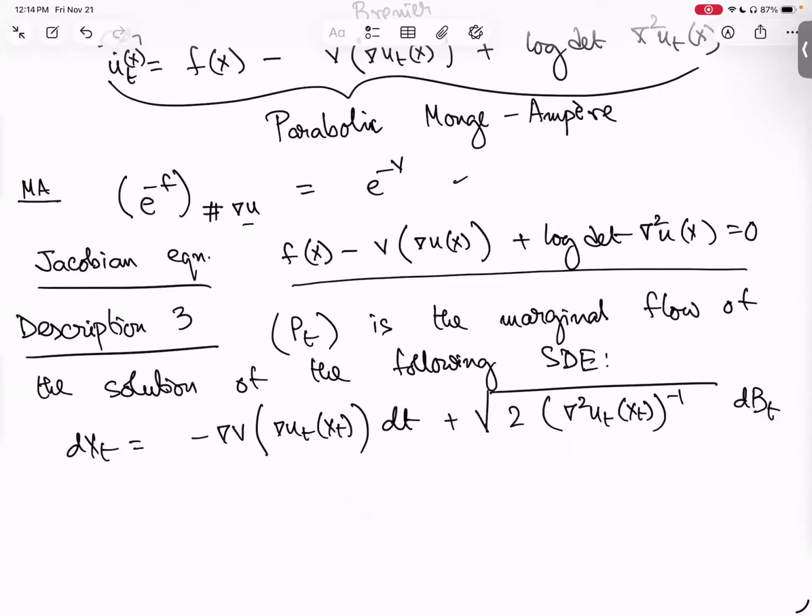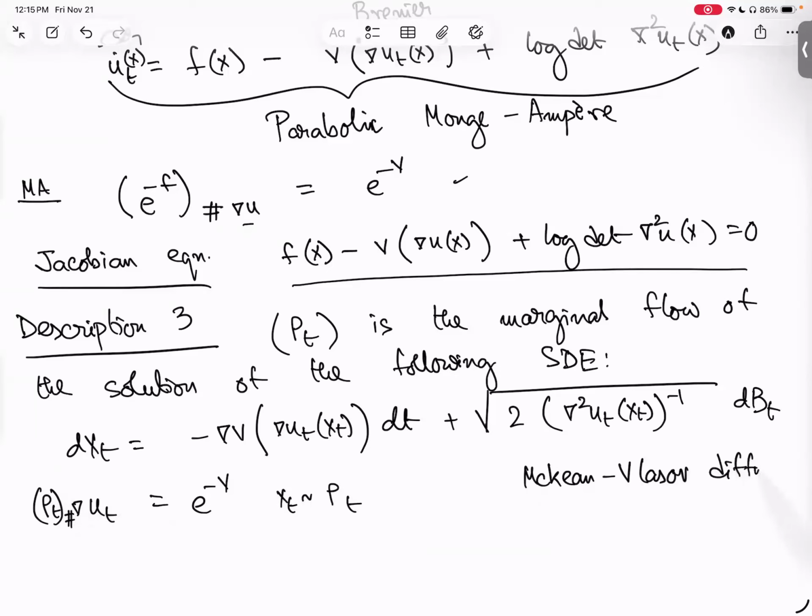Okay. Now you should remember, what is u_t? When I push forward rho_t by gradient of u_t, I get e to the power minus V, where rho_t is the law of X_t. So this is an example of what is called a McKean-Vlasov equation. If you have heard of it, this is a very popular class of diffusions.